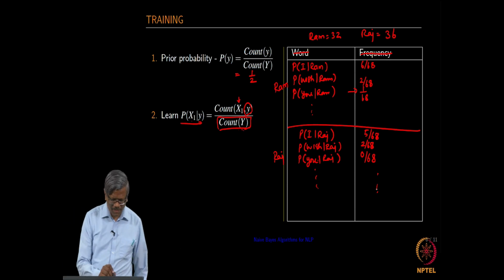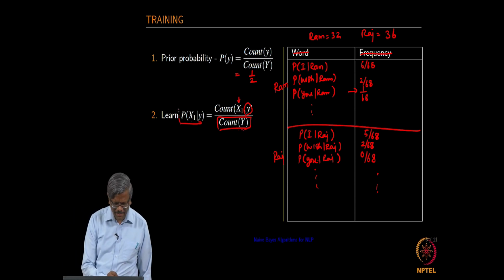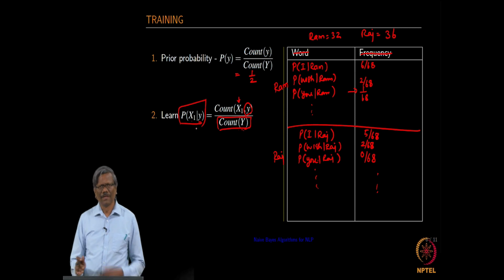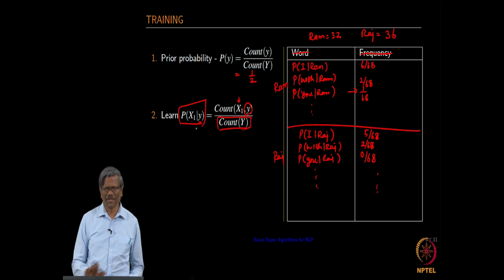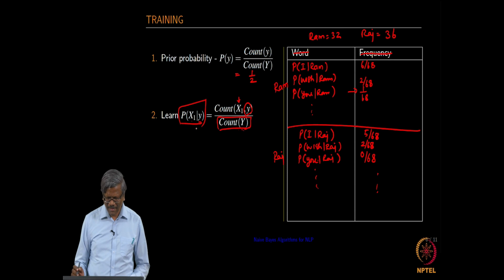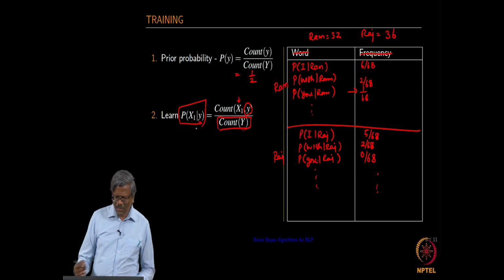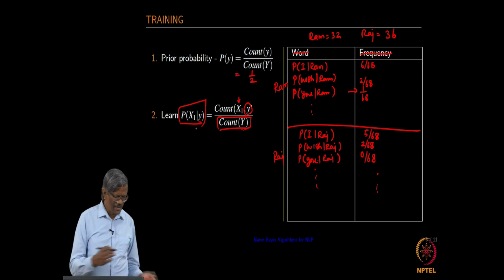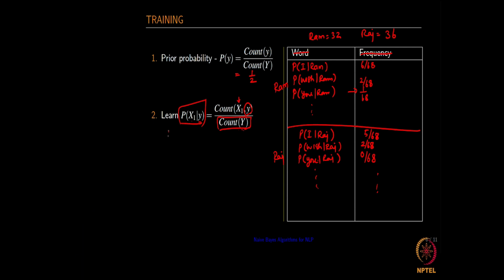So, once you learn these parameters, now we have a table that contains all those values, right. So, now how can I use it to find who had sent that mail?